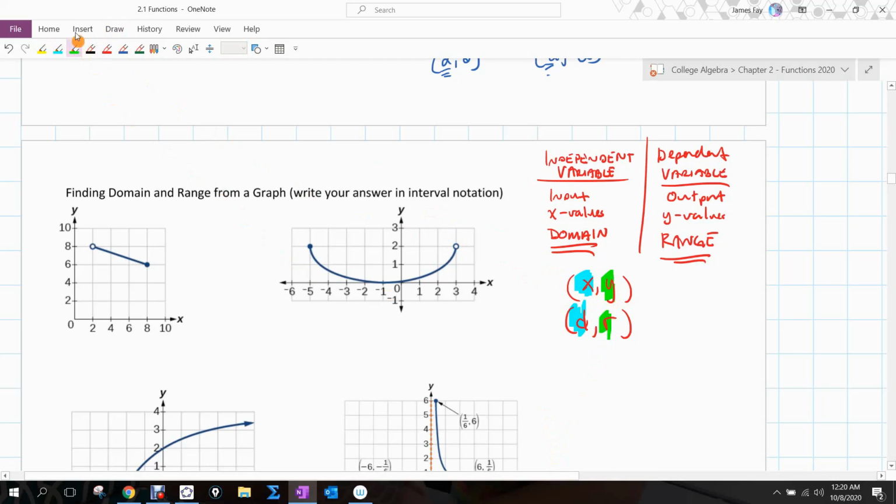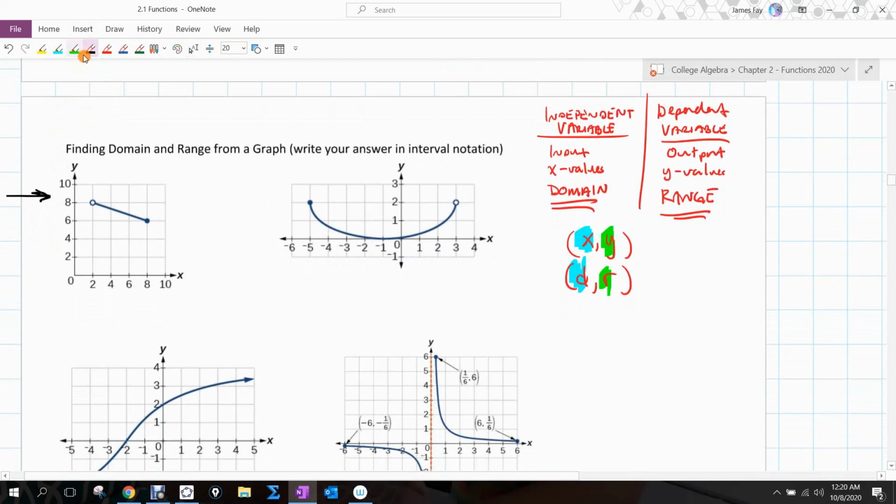One thing you gotta know is that when I'm doing domain, I'm reading my graph from left to right. So I'm gonna go through and do this one with domain. Much like we did with the vertical line test, or when we were working with interval notation in the inequalities, you're going to take your vertical line for the domain and start tracing it through until you intersect a defined value on your graph.